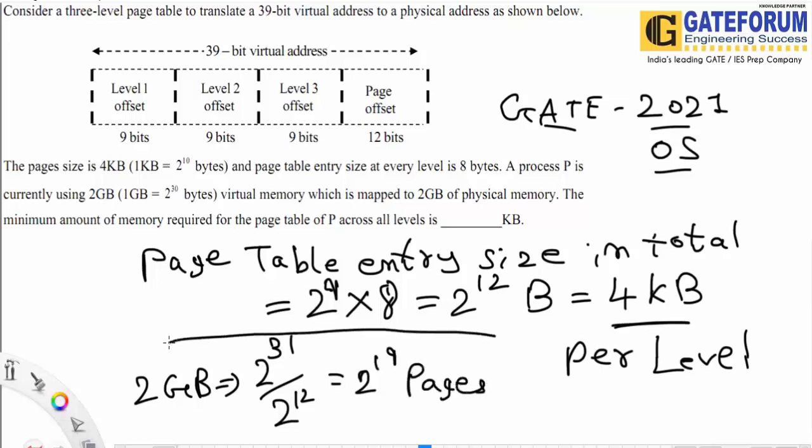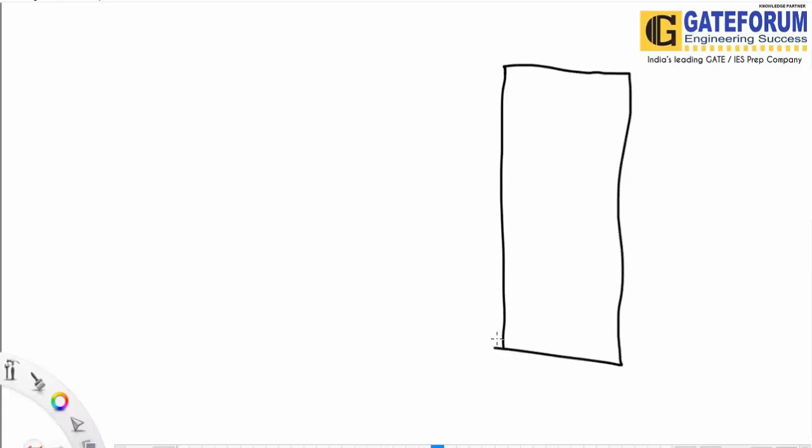So this is the concept here. We need the minimum amount of memory for the page table of P across all levels, that is, the page table where we map the frames and the pages. In total we need to map 2 raised to 19 different pages inside our entire process.